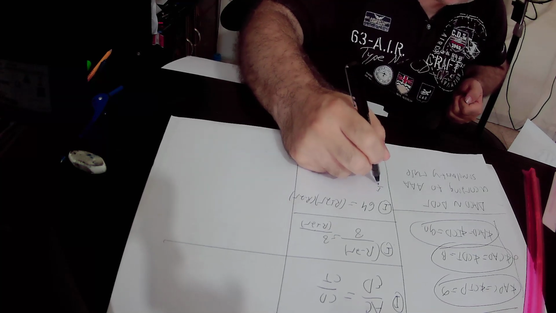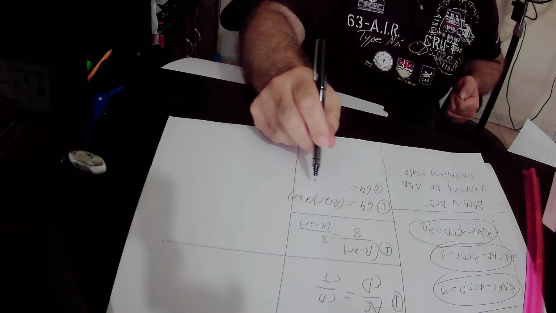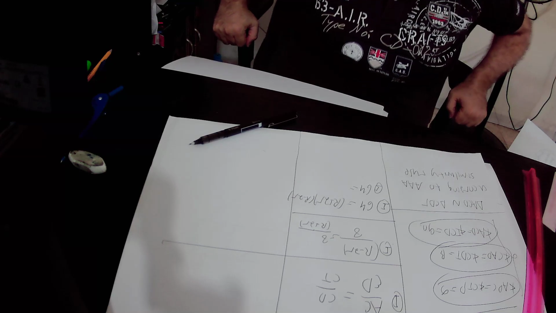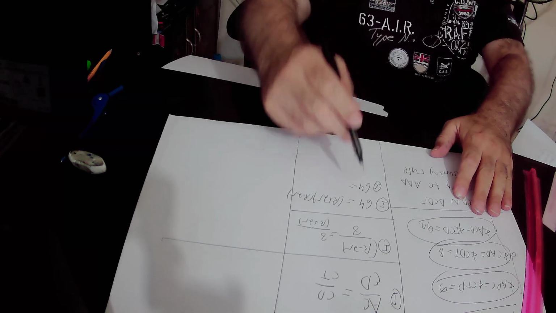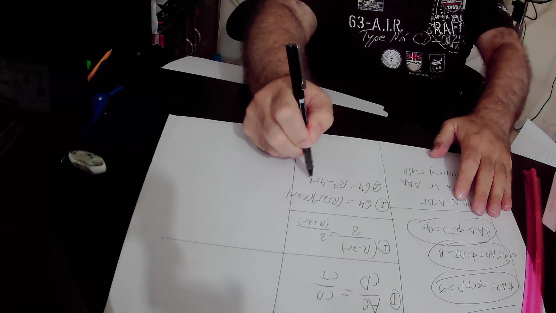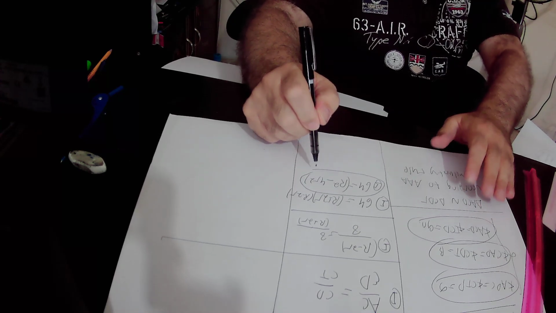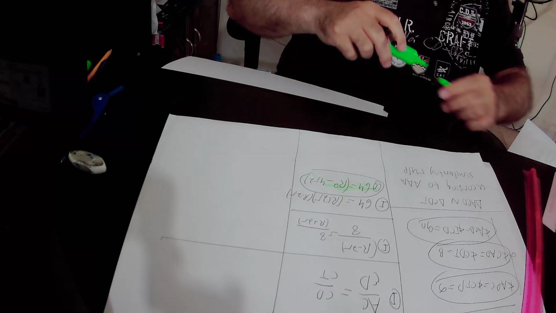That equals capital R squared minus 4 times R squared. So according to equation number 1, 64 equals capital R squared minus 4R squared.